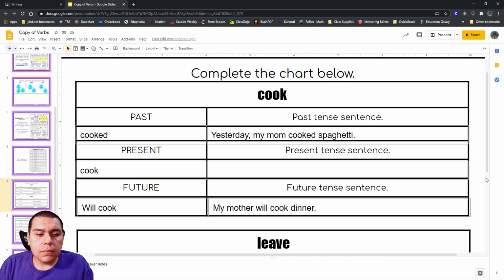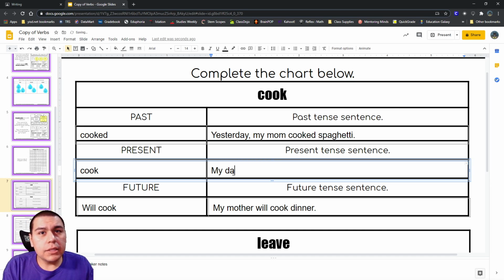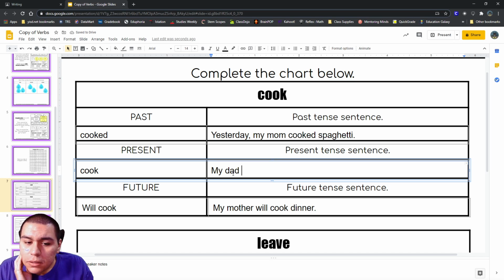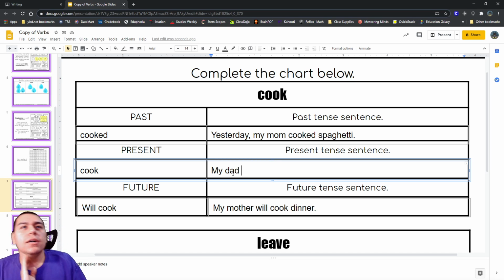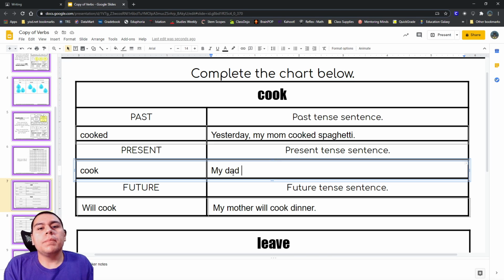I was just raising my hand. Okay, well, let's start off with what you said. So, my dad. What is something dad might cook, Messiah? A funnel cake. I like it. Okay, so what about my dad likes to cook funnel cake?